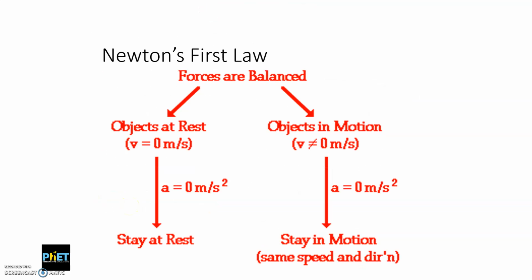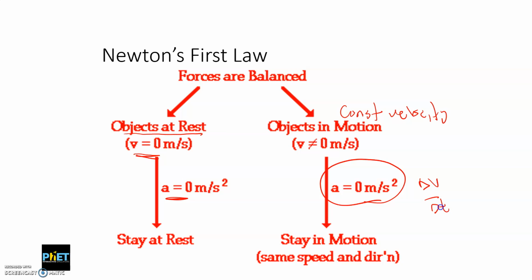I have two cases to apply Newton's first law. When do I know my problem is in Newton's first law? Either the question tells me the object is at rest, meaning it's not moving, velocity 0, no acceleration, or it's moving but with constant speed or constant velocity. With the word constant, I don't have acceleration, no change, because acceleration is a change in velocity divided by change in time.